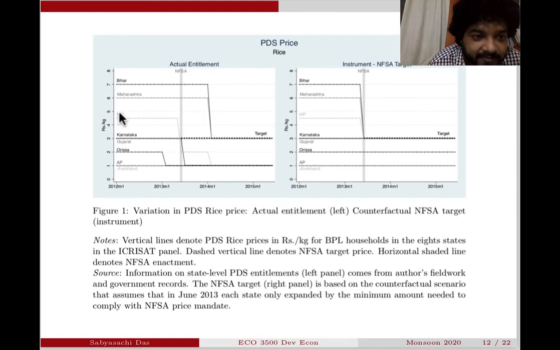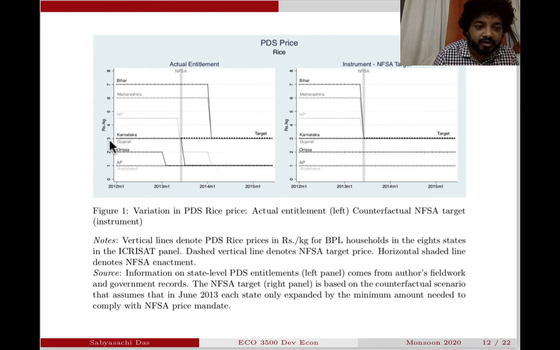But if you look at MP, it was 4.5 rupees, and it changed to 2 rupees, so it went below, and then a year later it went further below to 1 rupee. Okay.